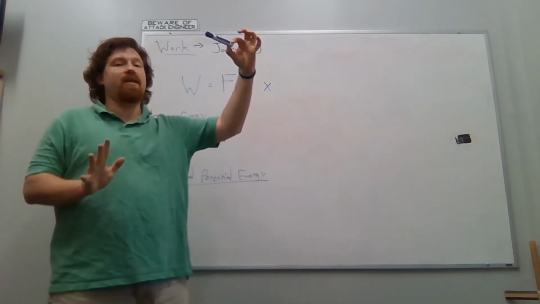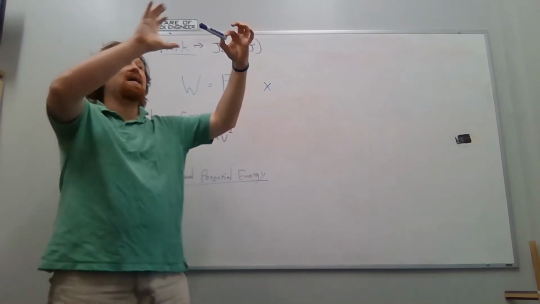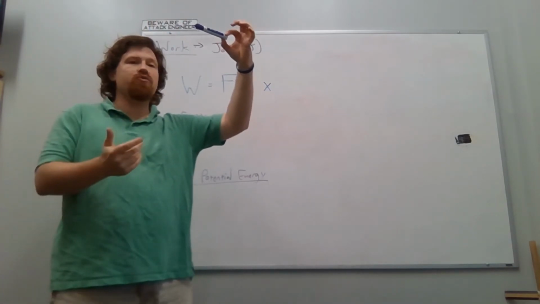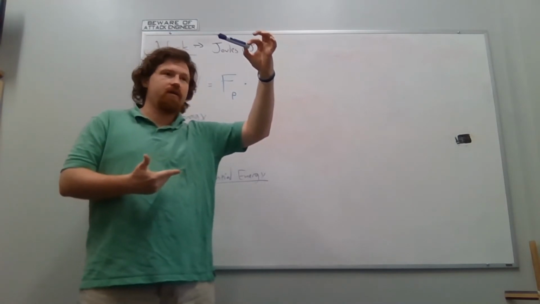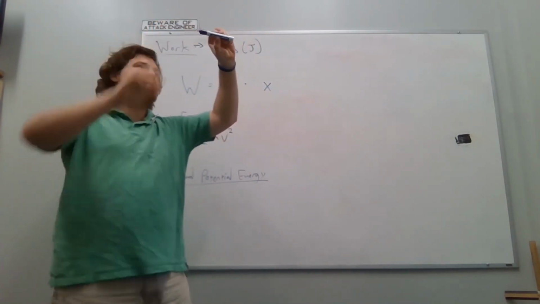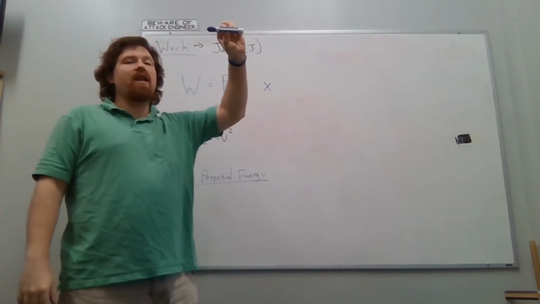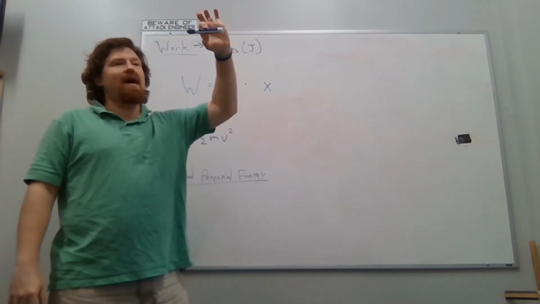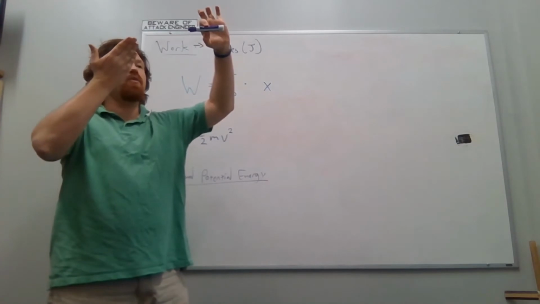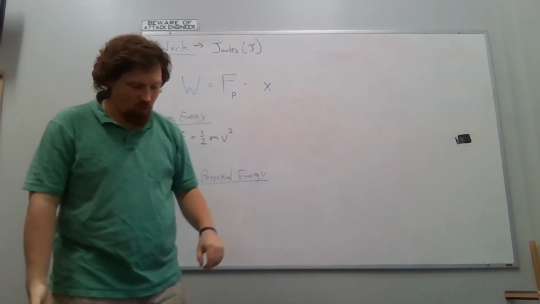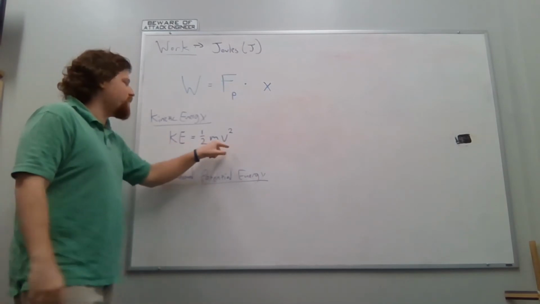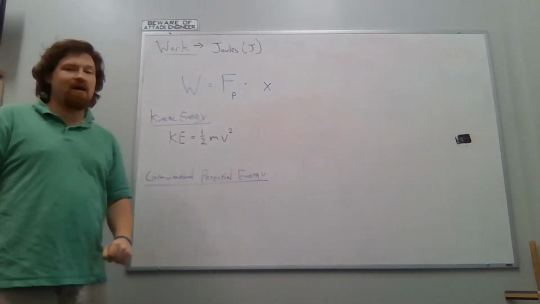It isn't right now, but it has a bunch of energy stored up inside of itself to use when it starts falling. I'm holding it in place at this height right now, so all of that energy is currently stored within it. Once it is allowed to fall, that energy is going to be released and transform into kinetic energy, because after it begins falling, it now has a velocity.